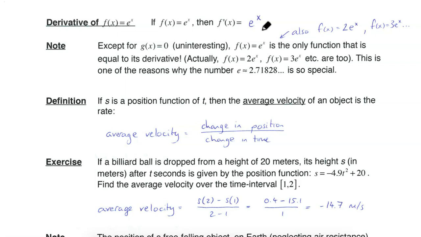One of the main reasons for that is the fact that the derivative of e to the x is e to the x. And to a certain extent, it's unique. The only other functions whose function and derivative are equal are if you take 2e to the x, or 3e to the x, or 27.4e to the x.